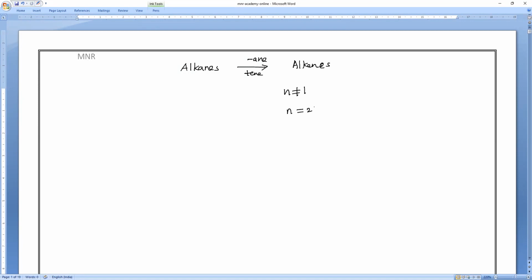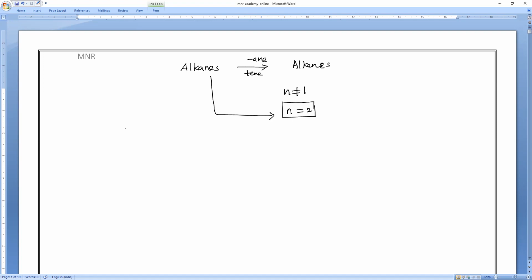So n starts from where? Minimum number of carbons in alkenes, everybody? N is equal to 2. Am I right, everyone? Please respond.